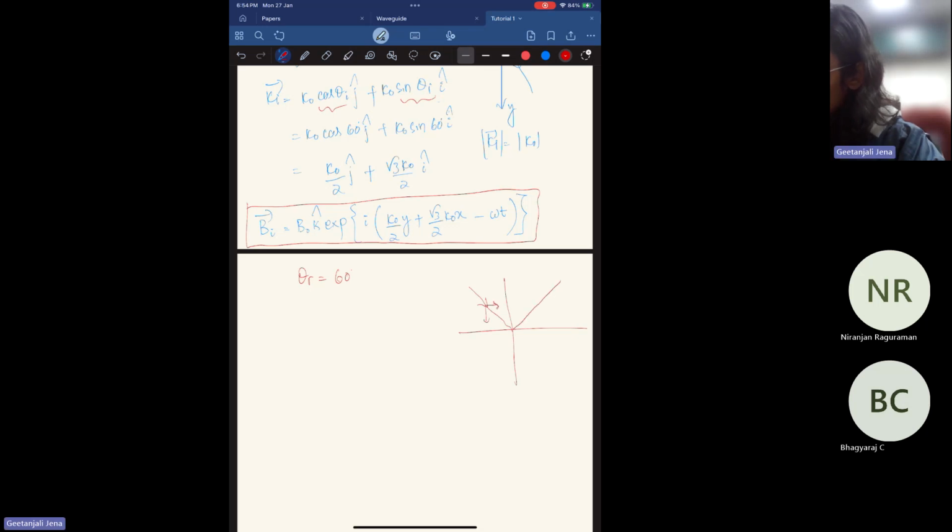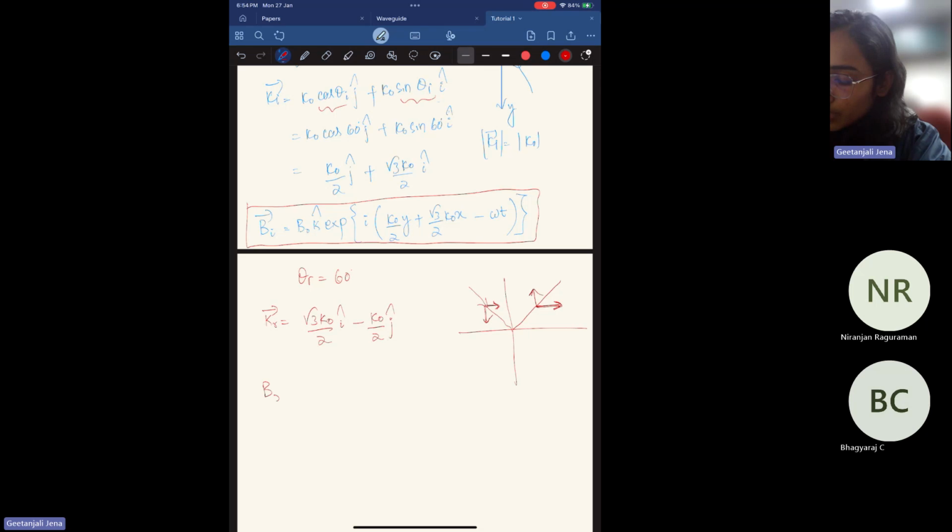Now it is like this. So the x part, the horizontal part, remains the same. Only the y part will flip the sign. So that is why the reflected kr is root 3 k0 by 2 i cap minus k0 by 2 j cap. It is similar to ki, but only the sign of the y part changes.